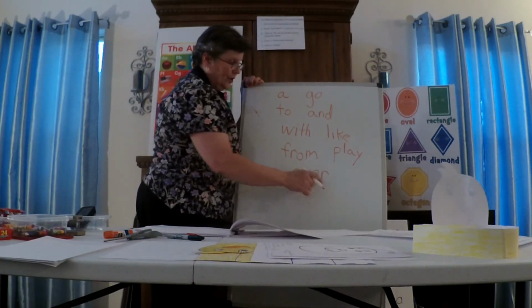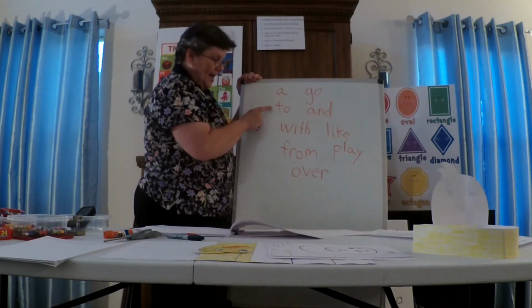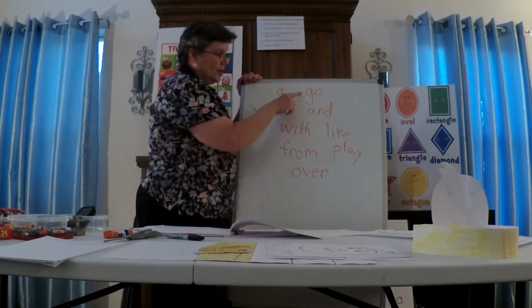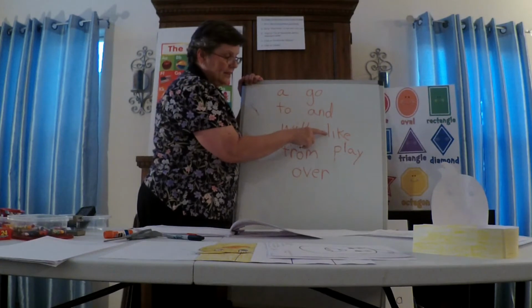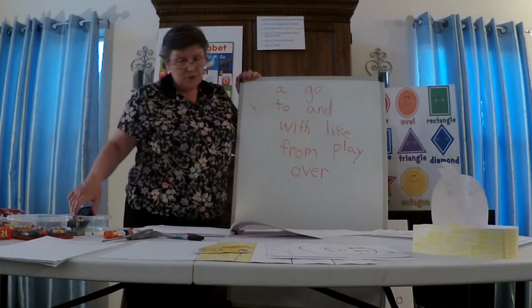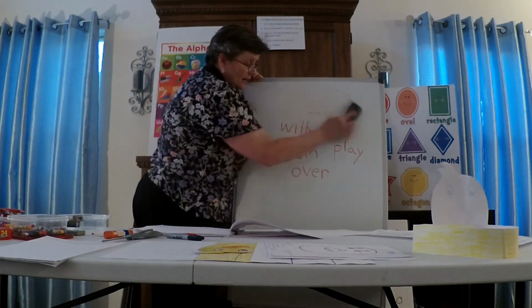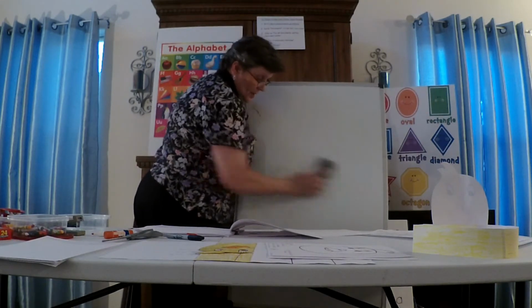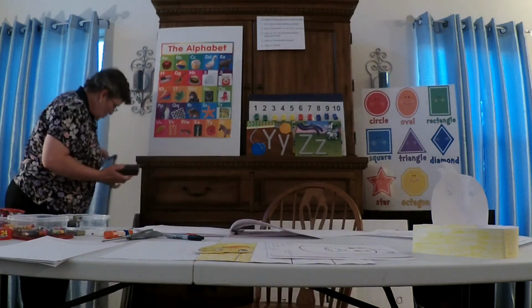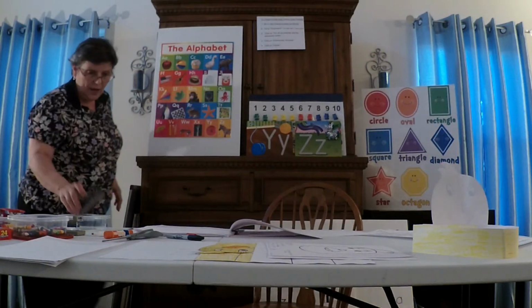O-V-E-R, over. So let's read these words. A, to, with, from, over. Go, and, like, and play. And those are our words today. You're not going to be getting a lot of sight words, but I just go over them anyway for those of you who are ready to do that.